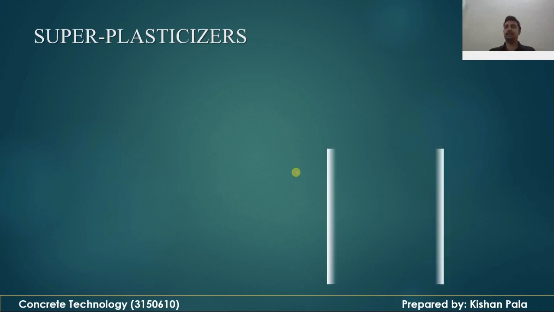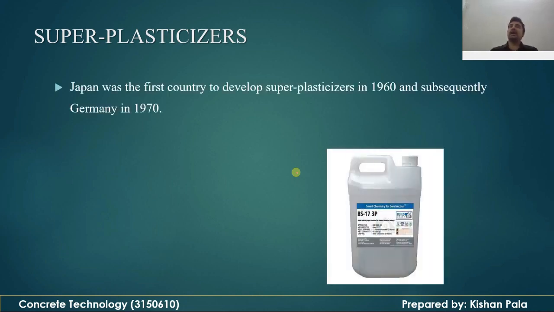Super plasticizer, this is also known as a high water reducing agent, because with this super plasticizer you can decrease up to 30% of the water mass. If we talk about the history of the super plasticizer, Japan was the first country to develop the super plasticizer in 1960 and subsequently Germany in 1970.